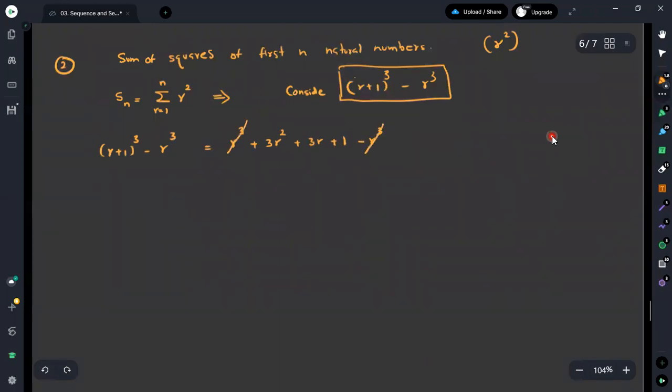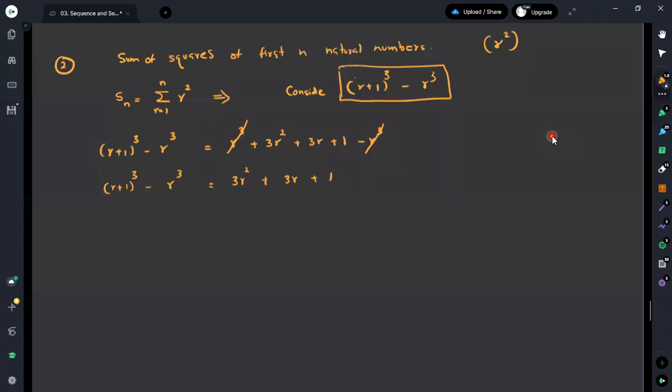Therefore we will get 3 times r squared plus 3 times r plus 1, and in the left hand side we will get r plus 1 to the power 3 minus r to the power 3. This is what we are having, and now we need to construct this summation. Here r is going from 1 to n.